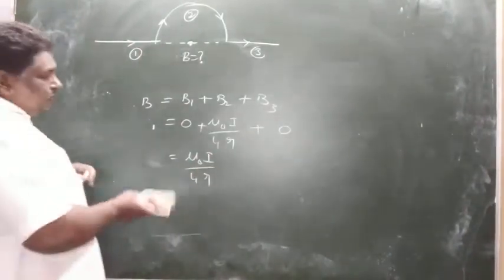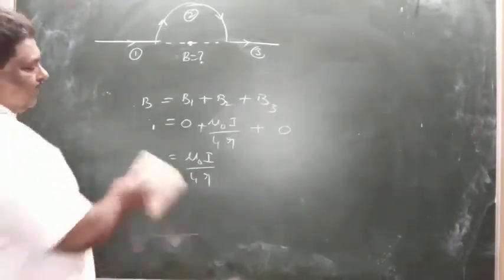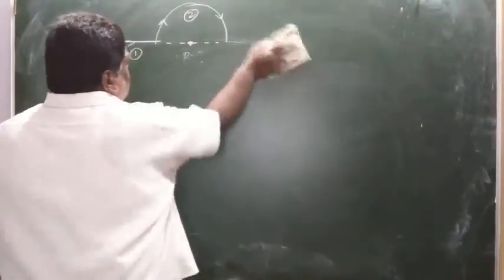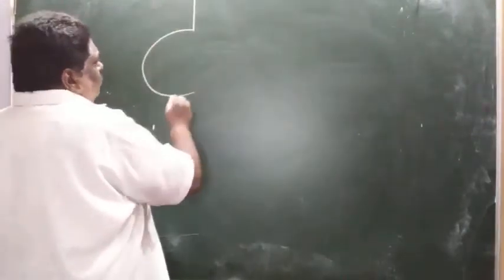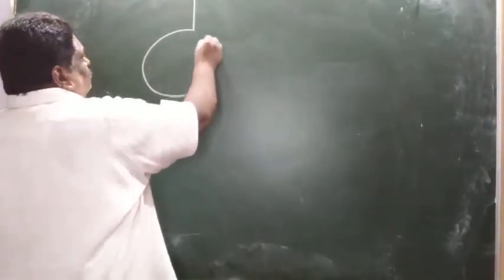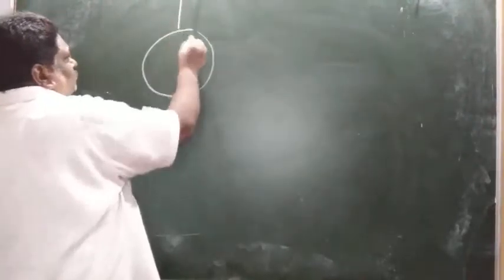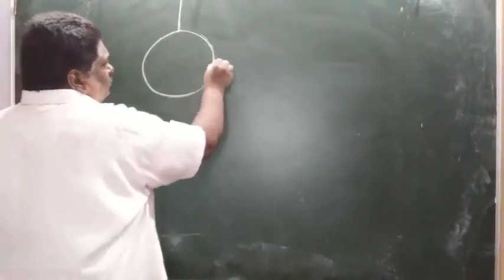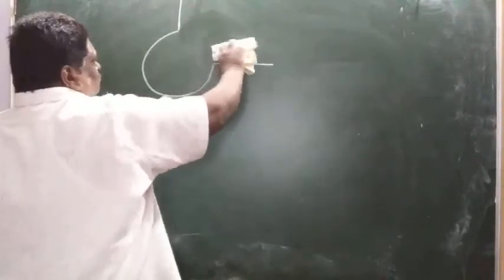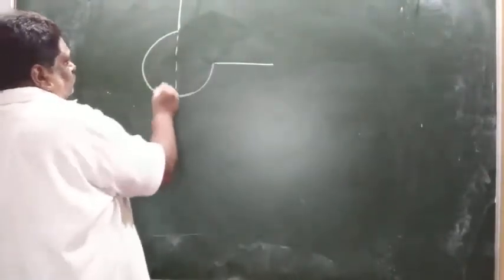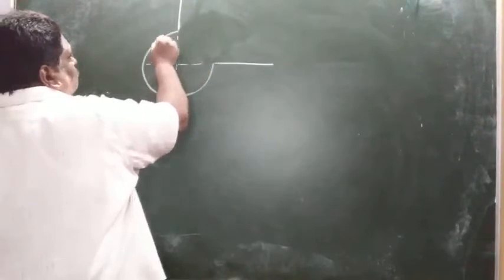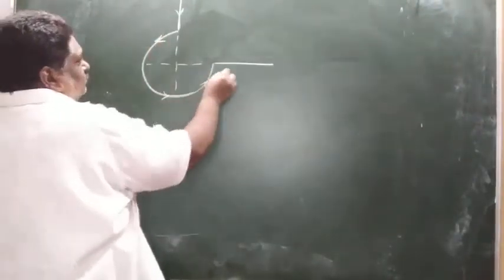Similarly, note down this model. Now what is the magnetic field at the center for this type of shape?